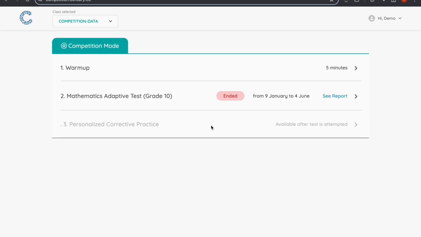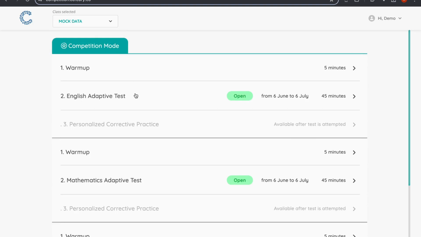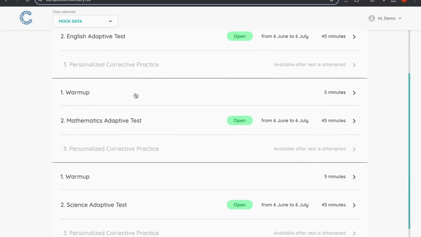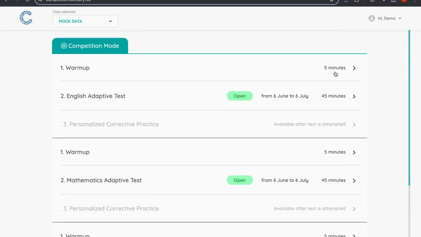Here, the students will see all the competitions or the diagnostic adaptive tests available for them. You can also change the classes here. The student can attempt warm up to get a hang of adaptive test.